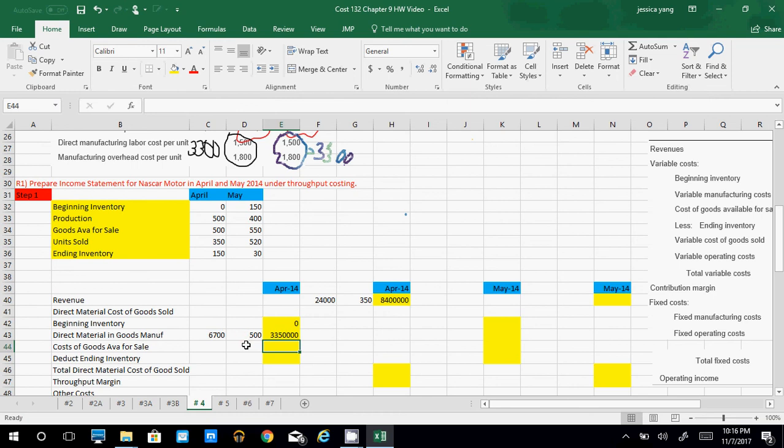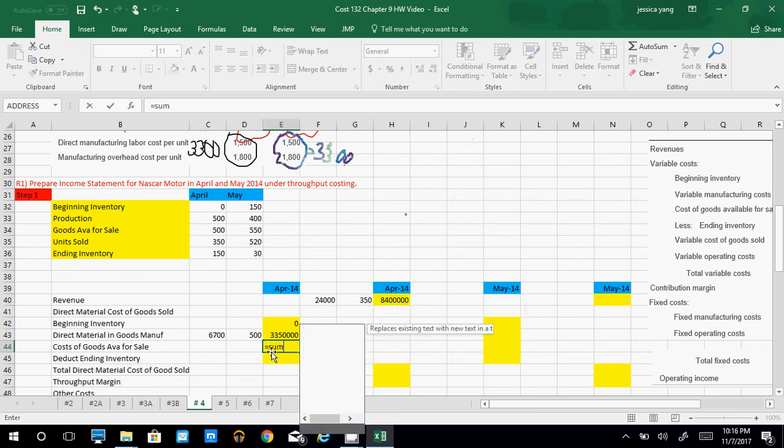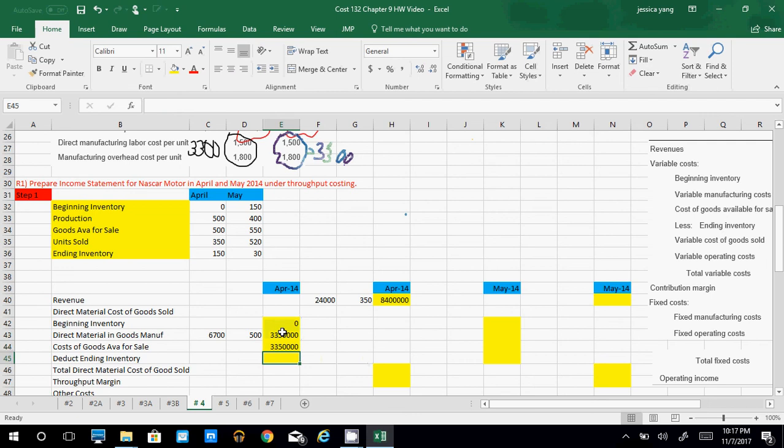To get the cost of goods available for sale, we sum beginning inventory of zero plus direct materials in goods manufactured of $3,350,000, which gives us a total of $3,350,000.